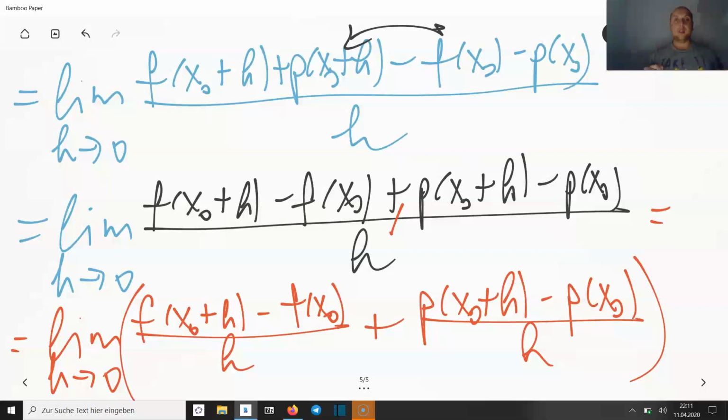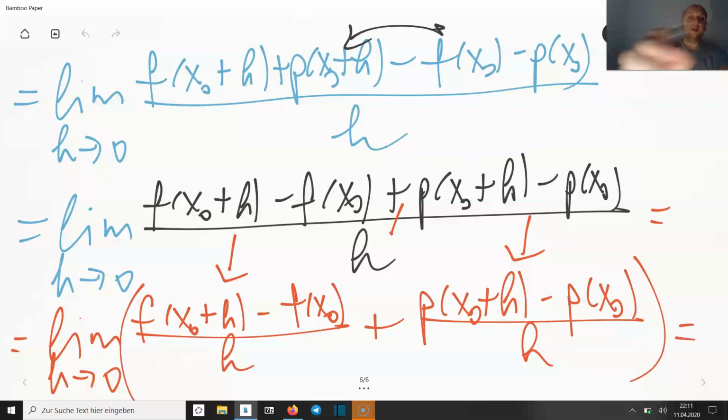Do they exist? The answer is yes, because the first fraction is the first principle, the differential quotient of the f of x function, which is differentiable by the assumption, and the second fraction is the differential quotient for p of x, which is also differentiable by the definition.